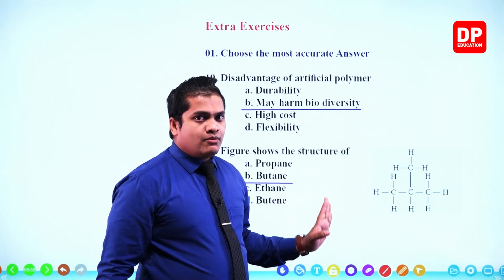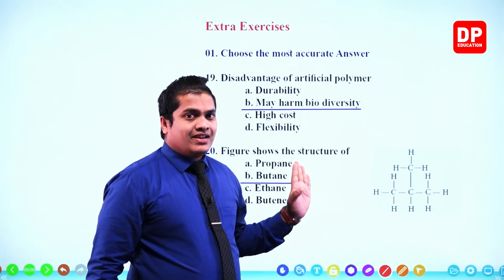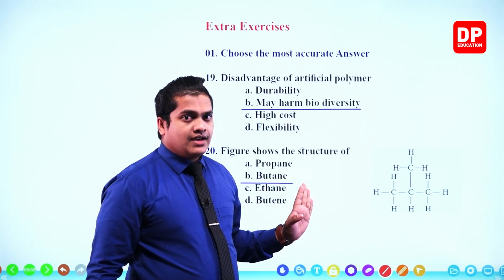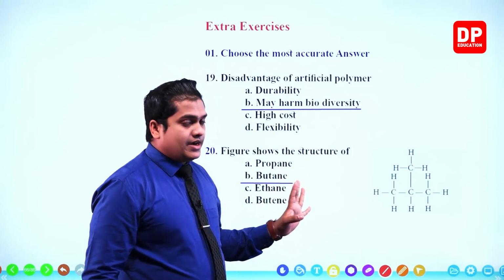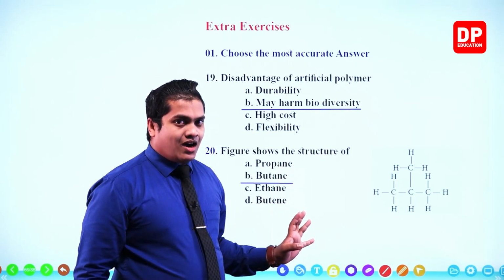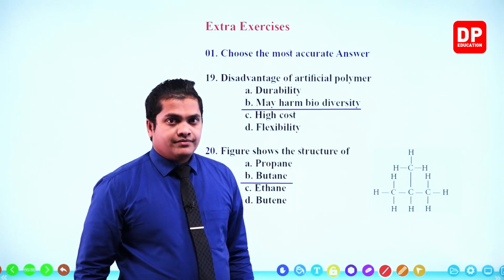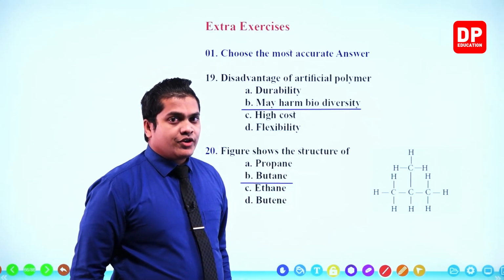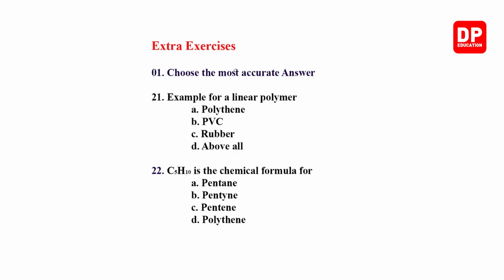If there are single bonds between carbon atoms, then my dear children, it is an alkane. And the other thing is that there are 4 carbon atoms, so therefore this structure reflects butane, right, my dear children? Then the next question number 21.